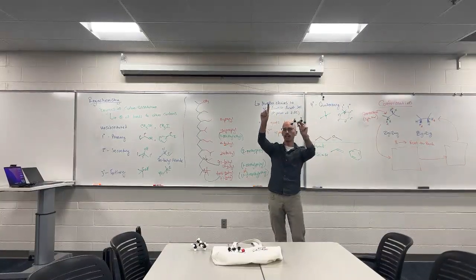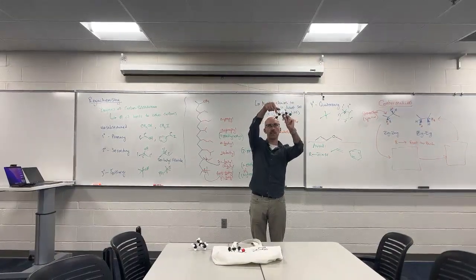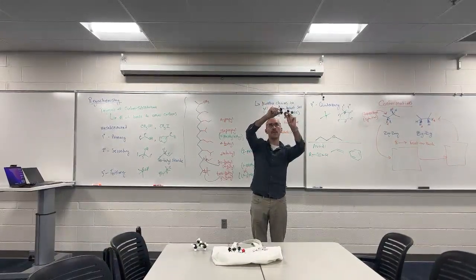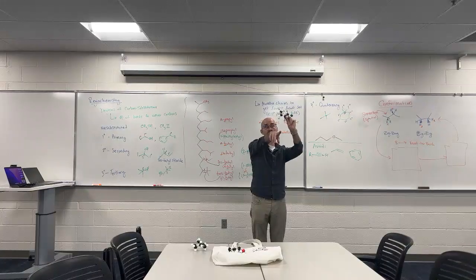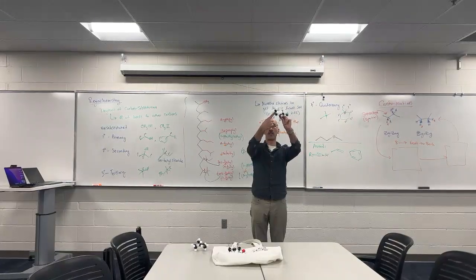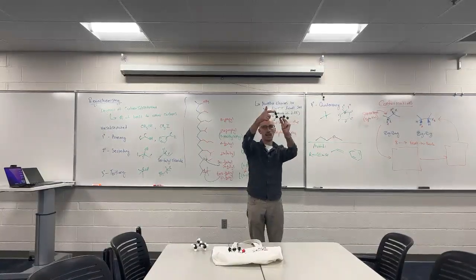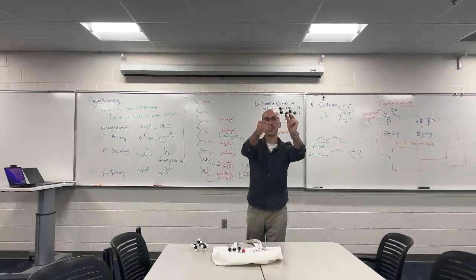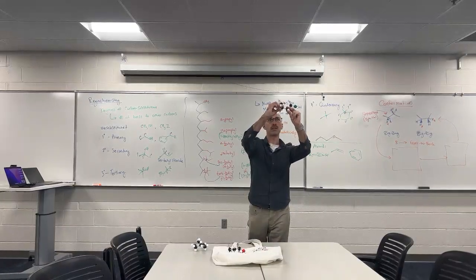Rotate it only enough that one of these wedge and dashed groups takes the in-plane position that the methyl had again. This is the structure that originally Natalie and Elliot put up. You want one of these other bonds, not the bond to the CH3, to be in plane with the rest of the structure. The CH3 will be wedged or dashed. Then do it one more time, one more rotation.